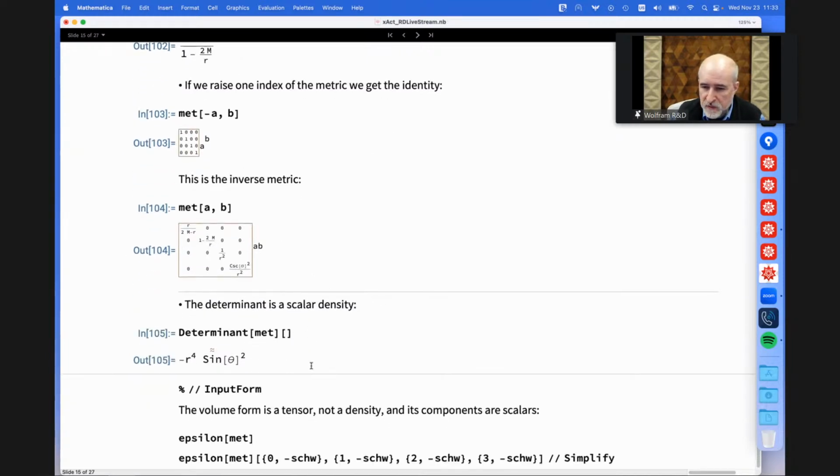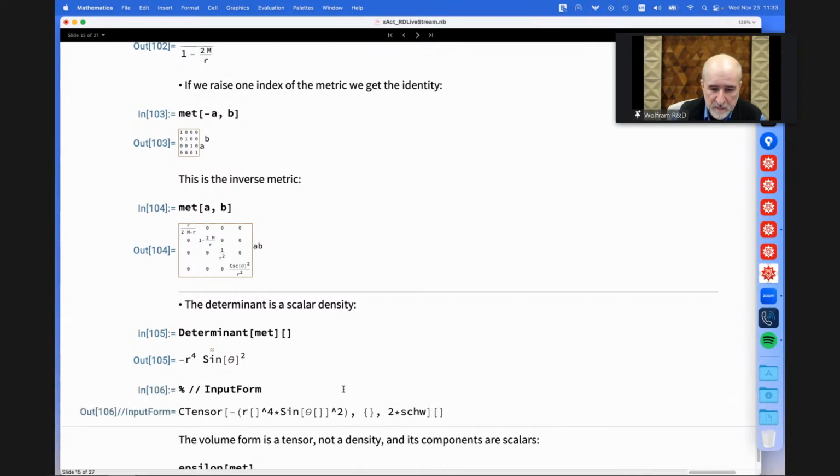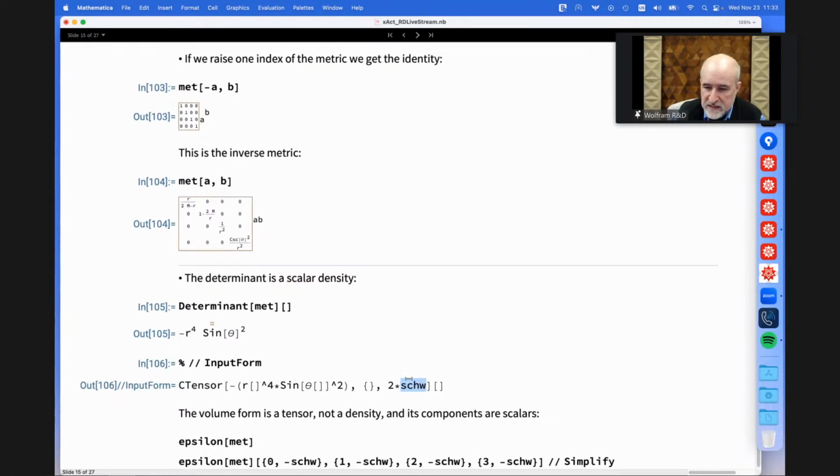xAct also is very careful with what is and what is not a density. And it uses Schouten's notation with tildes. So by this, we know this is a 2 + 2 density, and it remembers in which basis this is a density. I don't have time to explain this, but this is much more powerful than the standard notation.